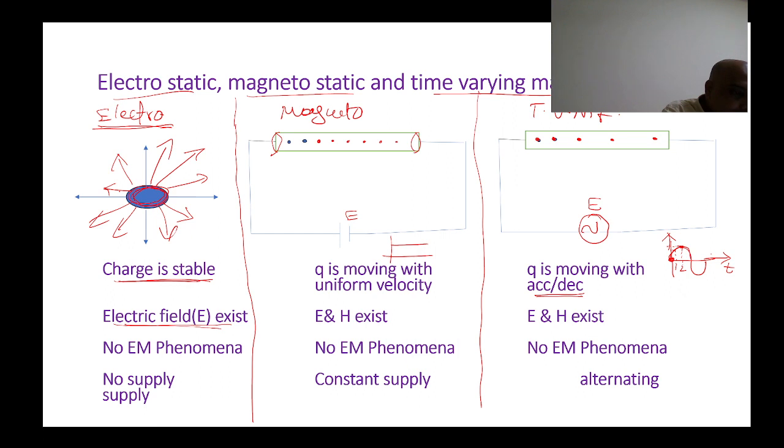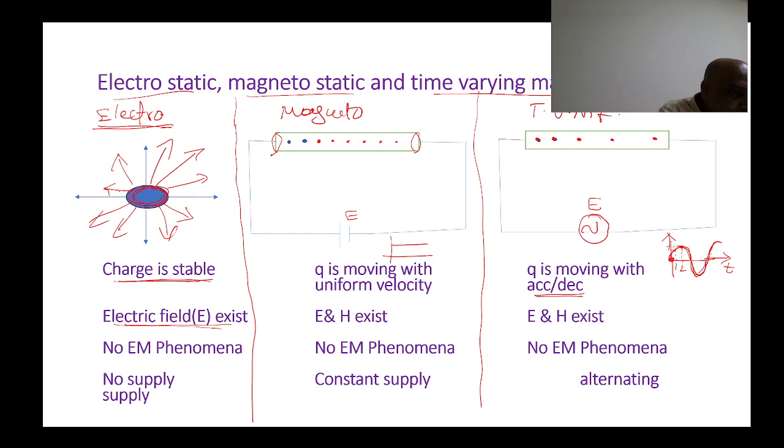After that it is decreasing, meaning the force applied on the charge is decreasing, the field applied on the charge is decreasing. That means the charged particles are also varying in a decelerating way. So the charged particles decelerate, and again they accelerate.